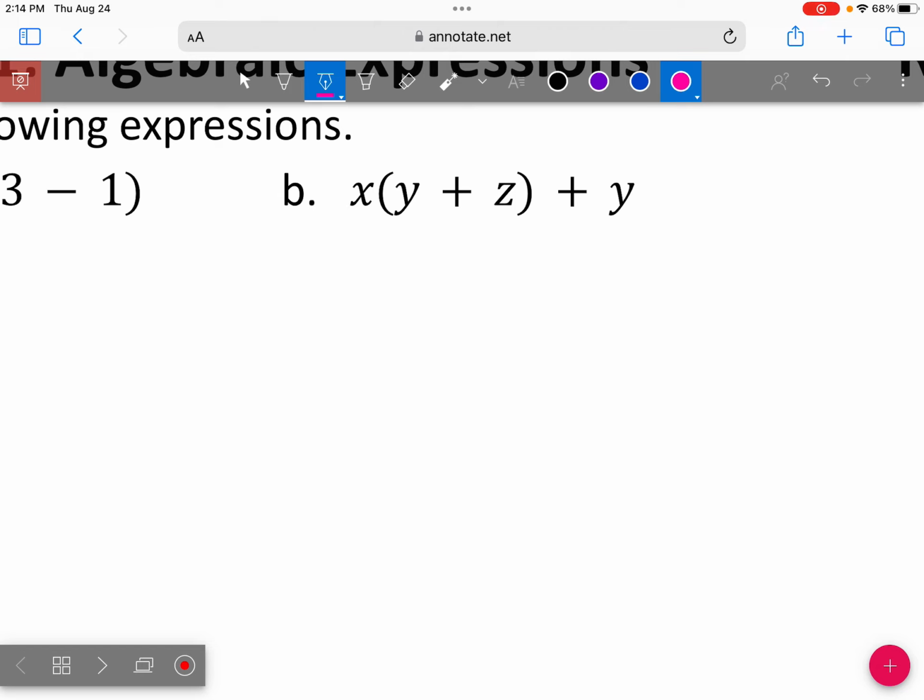What do we need to do here? Distribute. Distribute what? X. To what? So we're going to take the X to what? Y. And is that it? Or do we take it to the other Y? Just that first one.